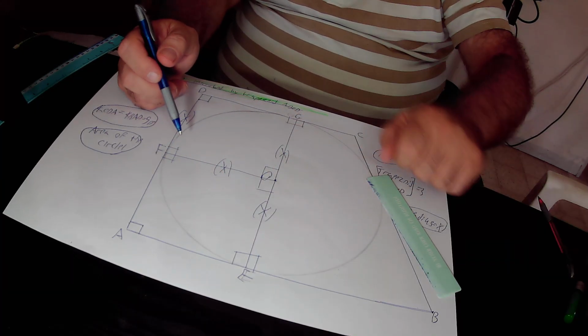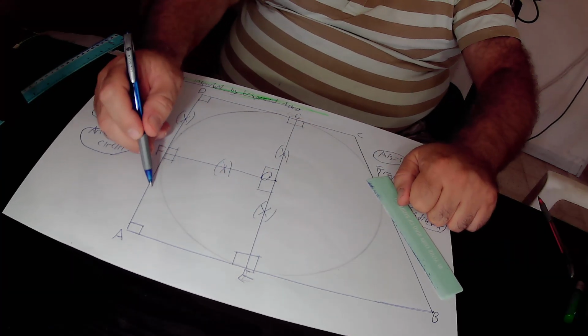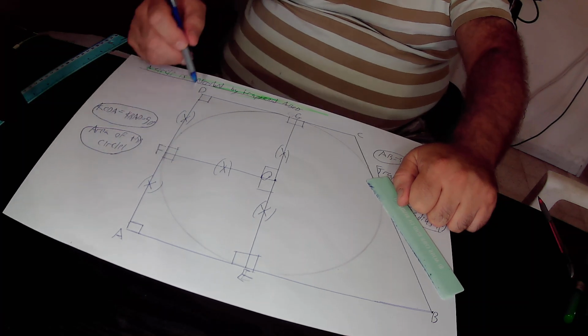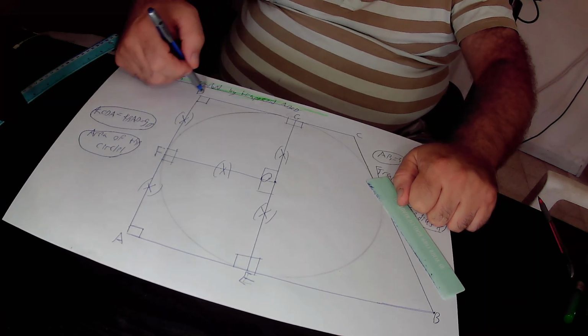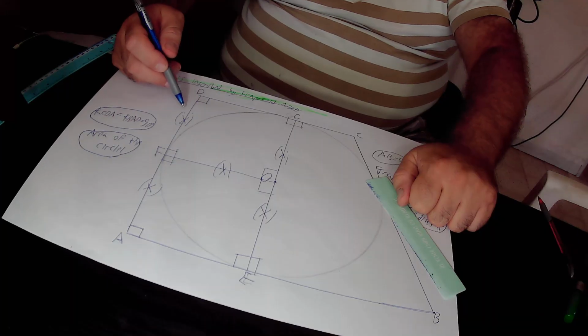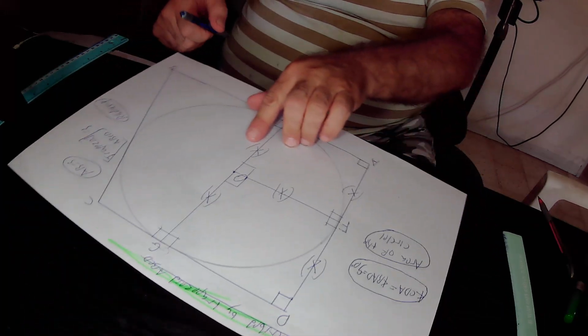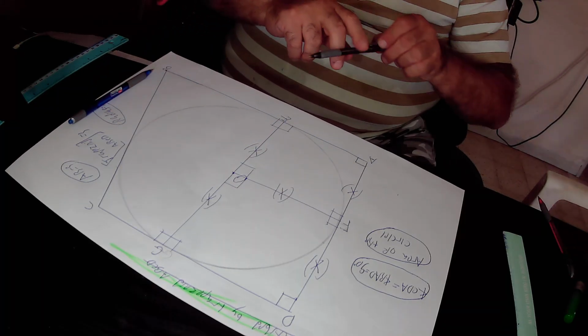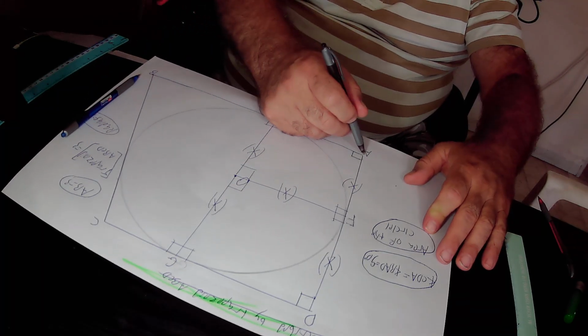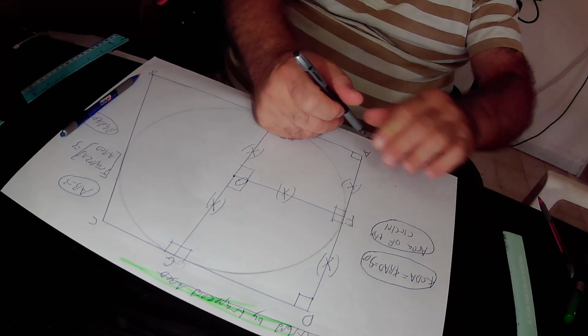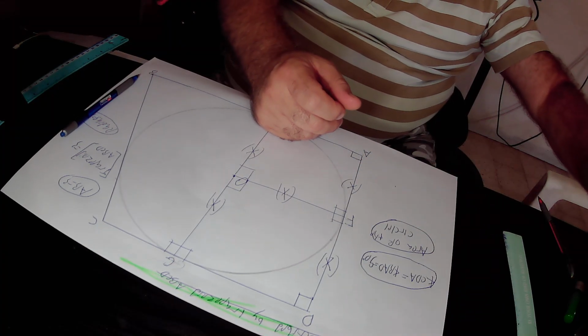But OE is x, therefore the opposite side FA must also be equal to x units in its length. So in total, the length of side DA of trapezoid ABCD is equal to x plus x, that is 2x.